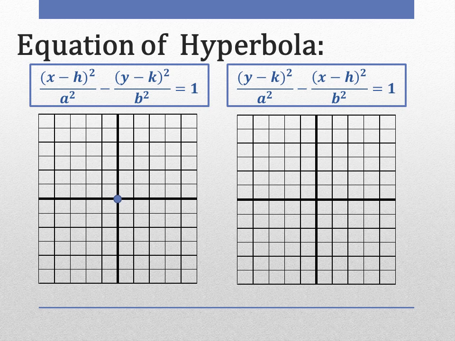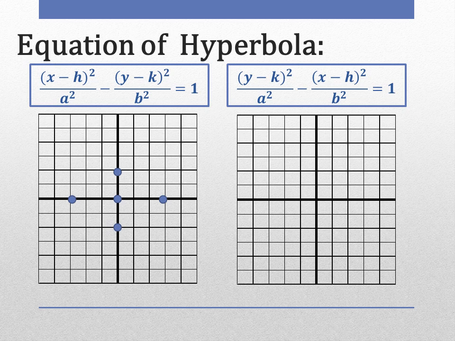Now the number a squared beneath the x tells me how many spaces to count to the left and the right. So I've decided that my a is 3, which means the a squared would have been 9. And then I'll also count up and down for the b squared, which apparently I decided b squared was 4.